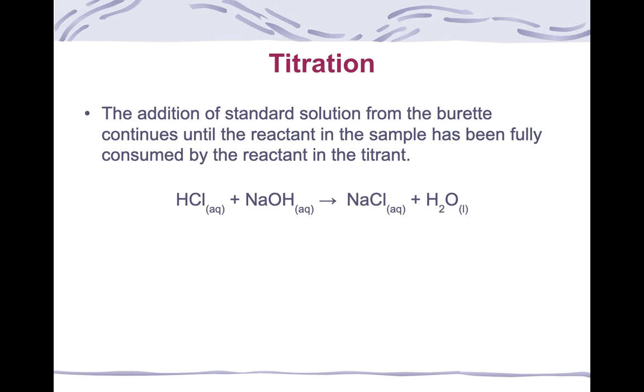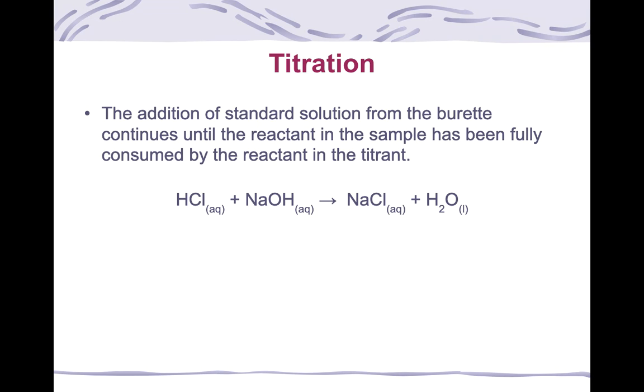So let's look at an example. We have an unknown of sodium hydroxide, let's say. We've got a solution of sodium hydroxide. We don't know the concentration. So we take a specific volume of that sodium hydroxide and we put it in the flask. And then we take a solution of hydrochloric acid that we know the concentration of, and we put that in the burette.